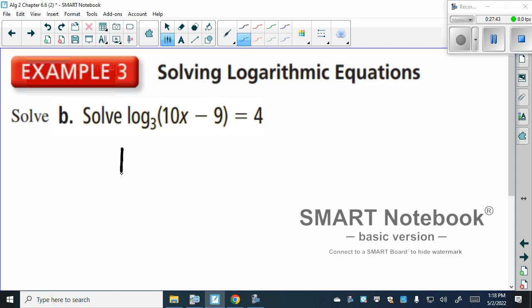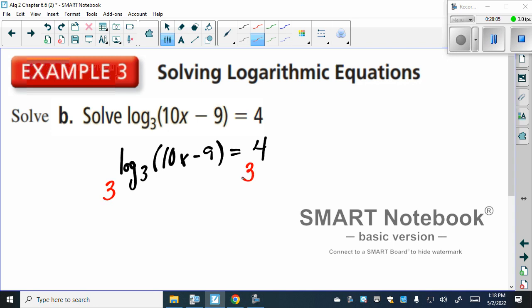So we want to solve log base 3 of 10x minus 9 is equal to 4. Now to solve this, what we need to do first is to apply a base to both sides to get the logarithm to simplify out.